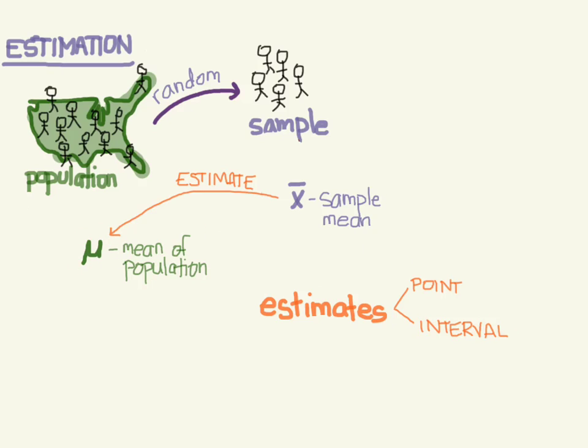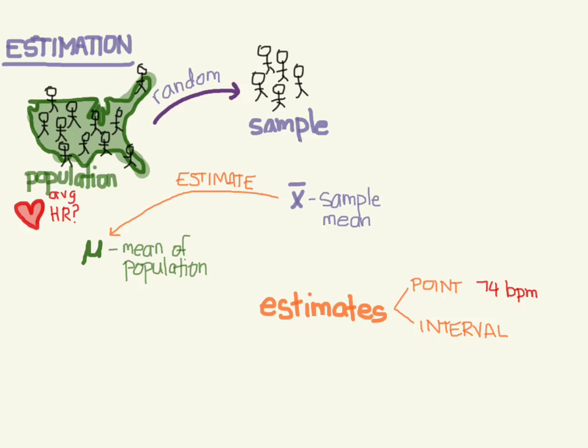Initially we said we were trying to measure the average heart rate of everyone in the United States. So we may take our sample and take the mean of our sample and come up with one number that is our average. Let's say we came up with the number 74 beats per minute. And that was our point estimate. That's one number that represents this average heart rate of the population, our mu.